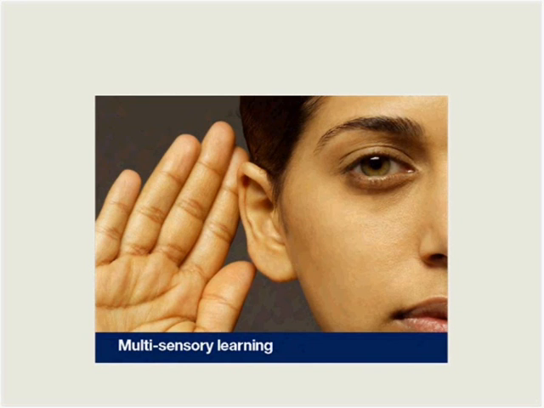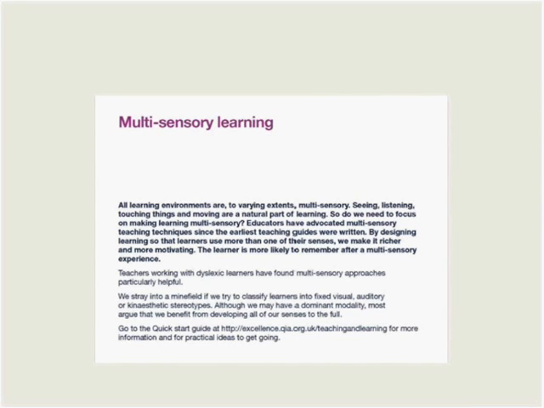Yes, and this is where I came across classifying learners into visual, auditory or kinesthetic might not really be the way to go, and that really it's good to have a good range of senses involved when you're teaching and learning. So that's from my set of cards, which I got from the Excellence Gateway.